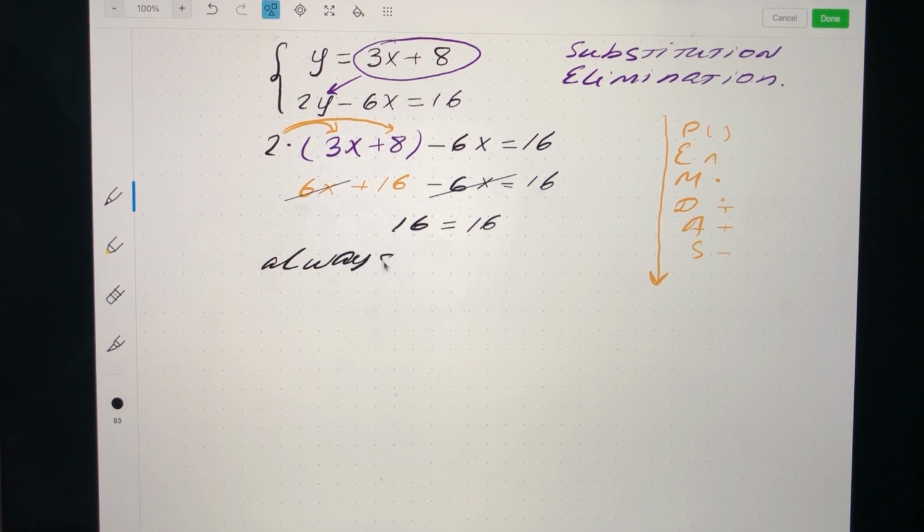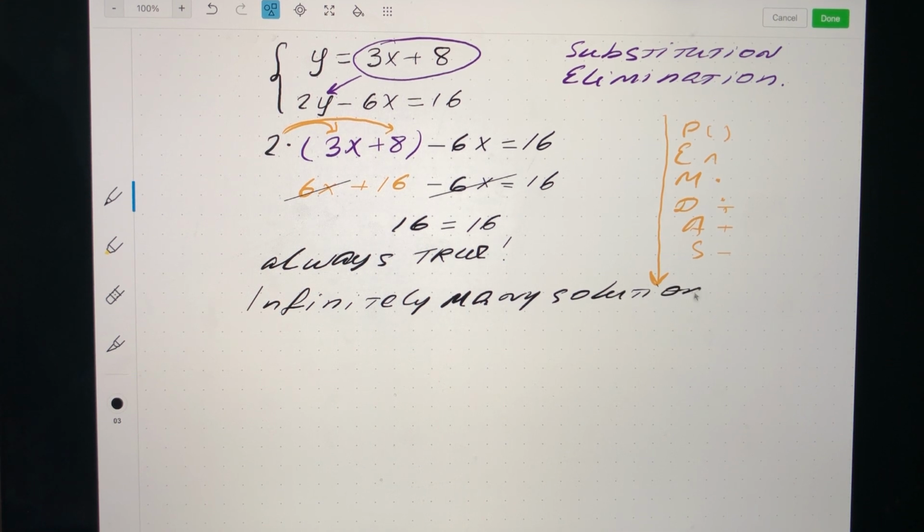Now, the fact that it is always true means there will be infinitely many solutions. That also means that we will have to write the final answer as a general solution.